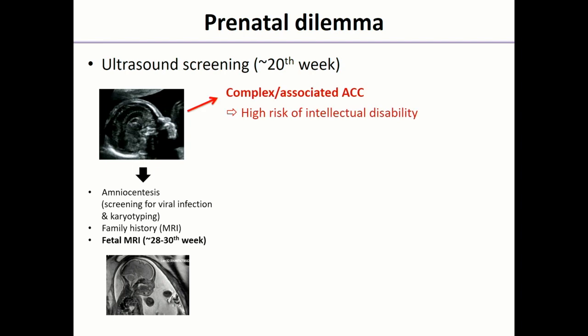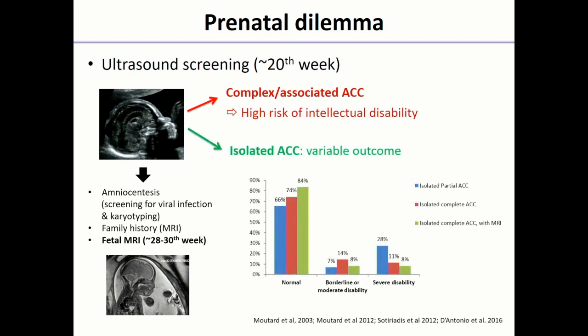If other malformations are detected, usually the risk of intellectual disability is very high, almost 100%, and also other comorbidities like epilepsy. If the agenesis of the corpus callosum is isolated, then the prognosis remains uncertain.